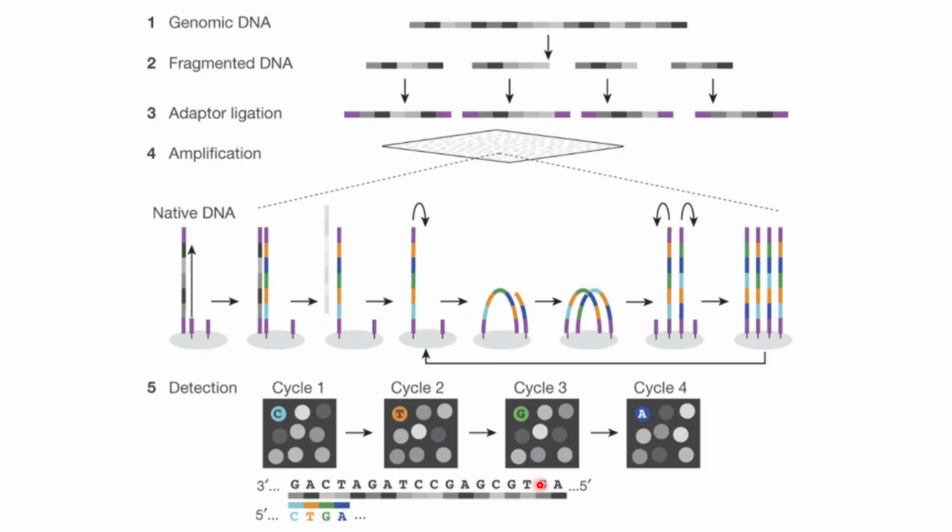Basically, this is how the principle of Illumina sequencing works: how a forward read and reverse read is generated, what bridge amplification is, and how the read is actually sequenced from the whole genomic fragments. So basically, this doesn't give you a whole genomic DNA sequence, but it definitely gives you an idea of the small fragments that have been generated as part of a restriction reaction or a fragmentation of the whole genomic DNA.